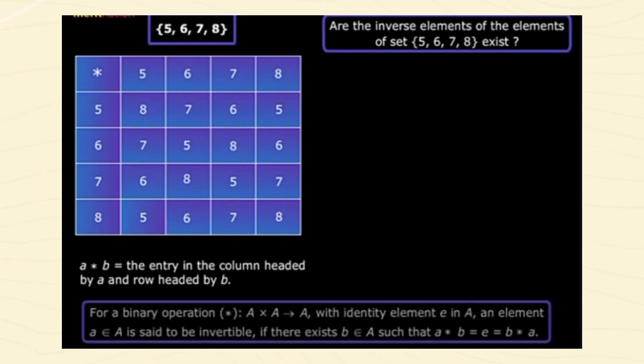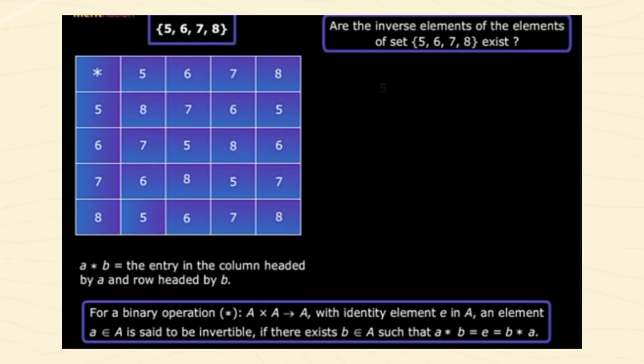So let me write down a few expressions. 5 star 8 equals 5, that in turn is equal to 8 star 5. 6 star 8 equals 6, that in turn is equal to 8 star 6.